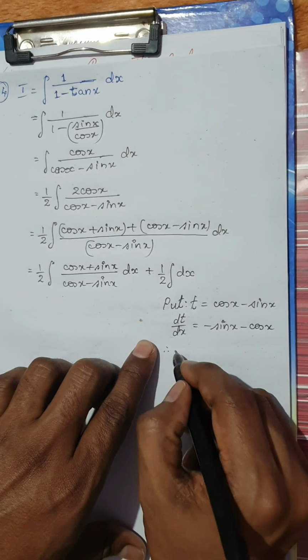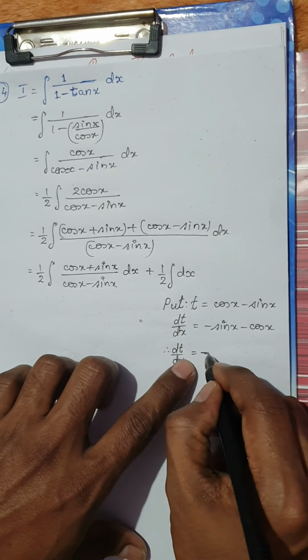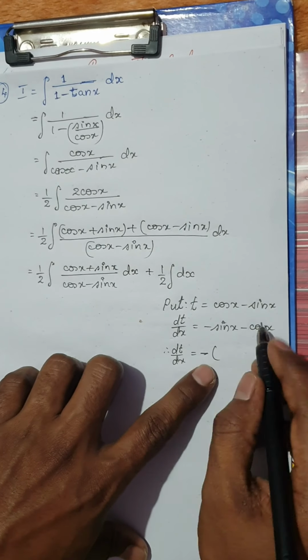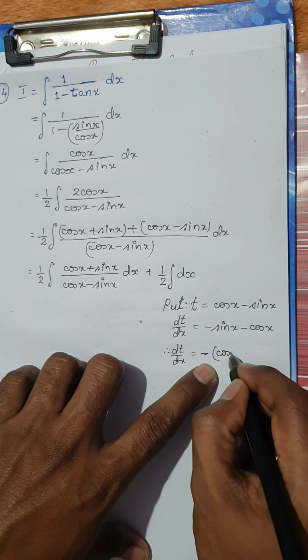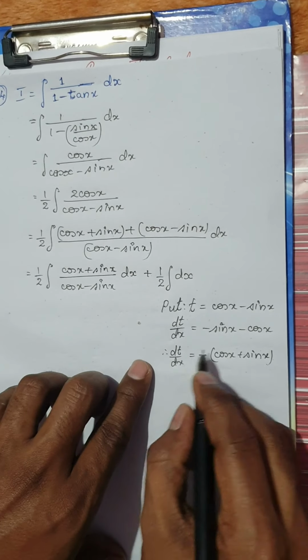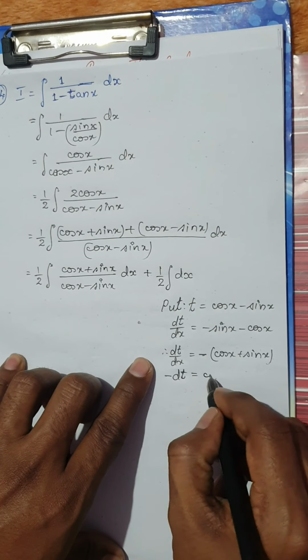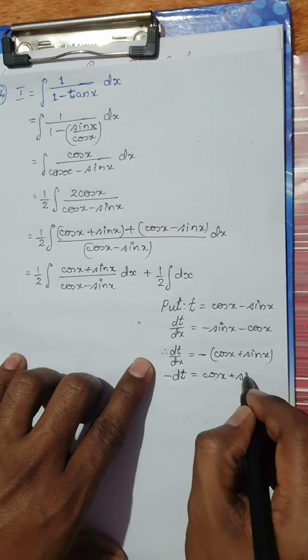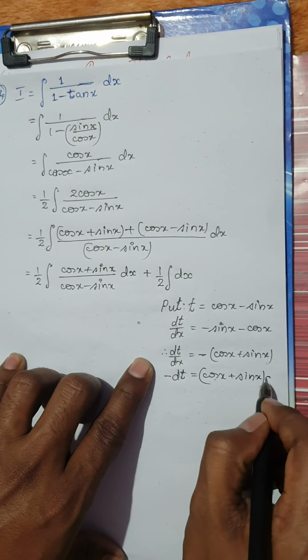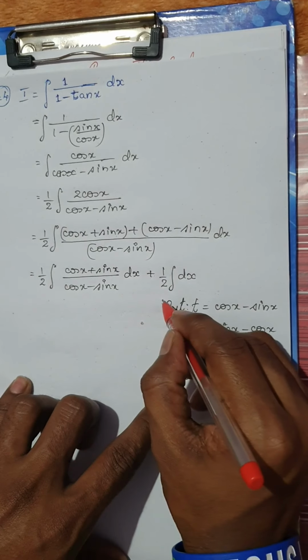Therefore dt by dx would be, taking minus common, minus of sin x plus cos x, or I can write cos x plus sin x. Now shifting my minus to the left-hand side, I will get minus dt equals cos x plus sin x dx. This is the substitution part.